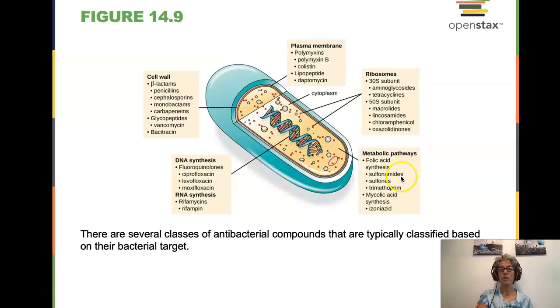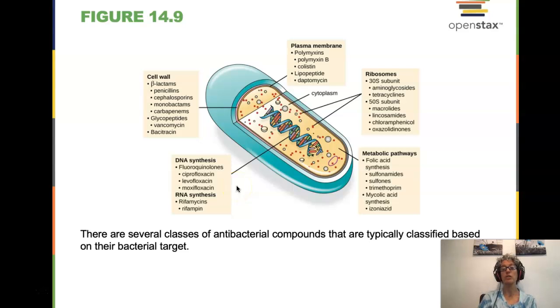And those drugs are the sulfonamides, sulfones, and trimethoprim. We can also inhibit mycolic acid synthesis in the mycobacteria, things like Mycobacterium tuberculosis and Mycobacterium leprae. And the drug example here that inhibits mycolic acid synthesis is isoniazid.